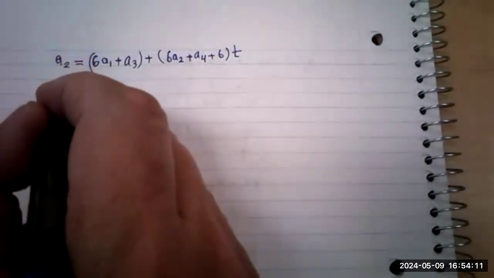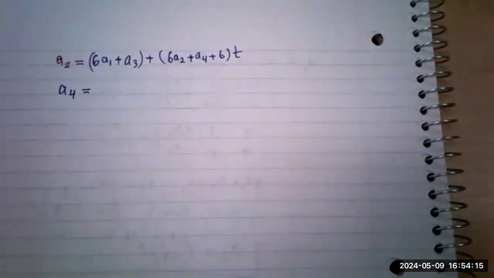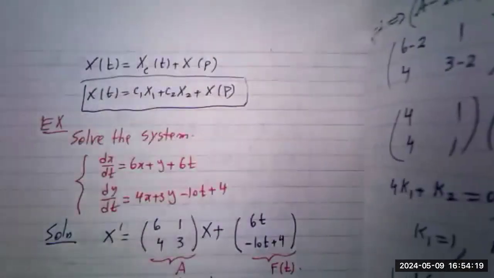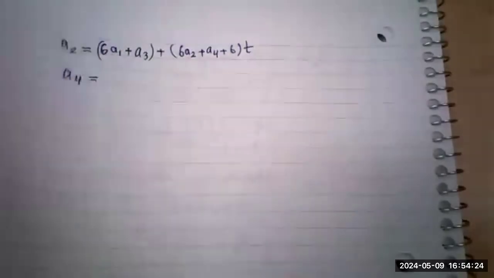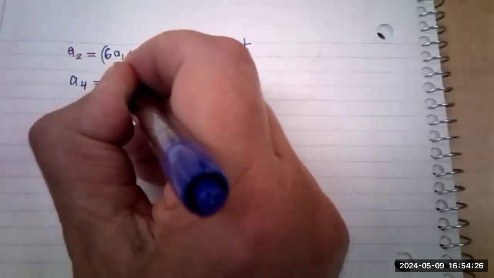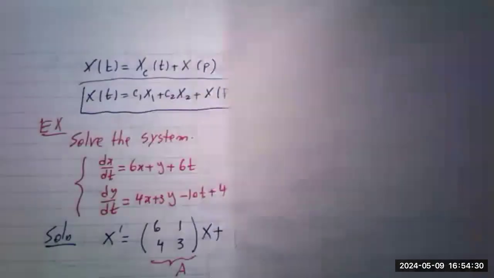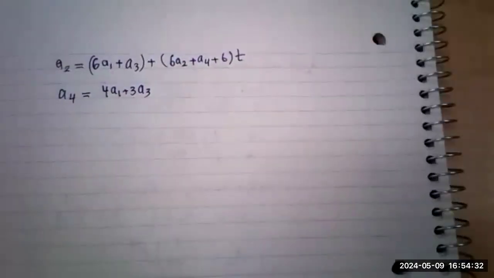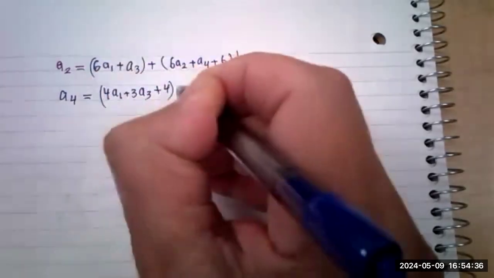In the second one, this is going to be A4 equal to, you do the same thing for this one. Okay, what's the constant term? So the constant term, we get 4A1, 3A3. There was a leftover of the 4 as well, plus 4. So that's going to be the constant term.